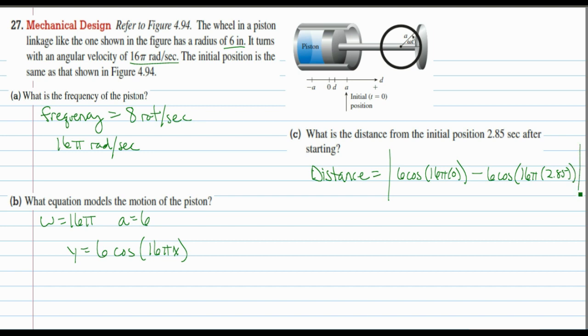So we're finding the difference between the distance at time 0 and the distance at time 2.85. And in the calculator, that's about 6 minus 1.85. Again, we don't really have to worry about the absolute value in this one. Turns out it will be positive. But we get 4.15 inches.